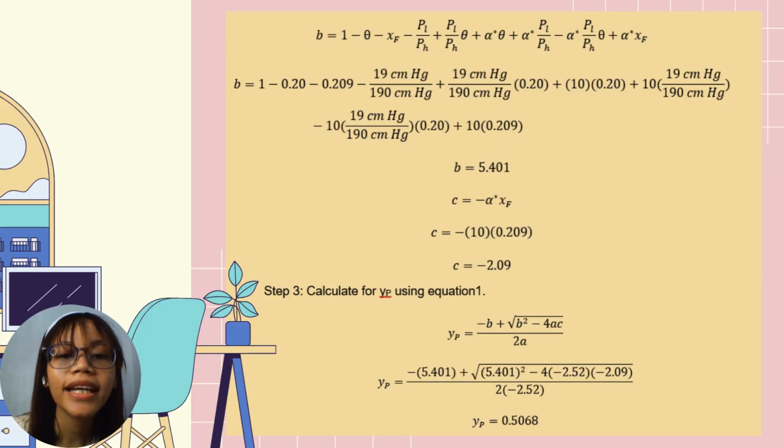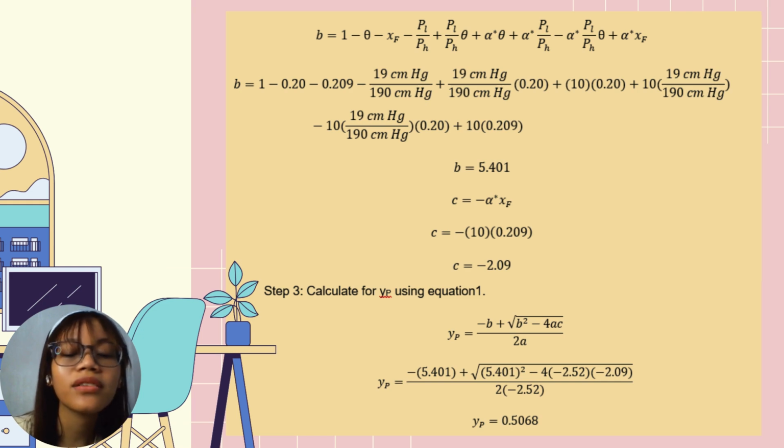Next, to solve for B, B is equal to 1 minus theta minus XF. XF is the mole fraction in the feed, minus PL over pH, the pressures, plus PL over pH times theta, the fraction cut, plus alpha times theta, plus alpha PL over pH minus alpha PL over pH theta plus alpha XF.